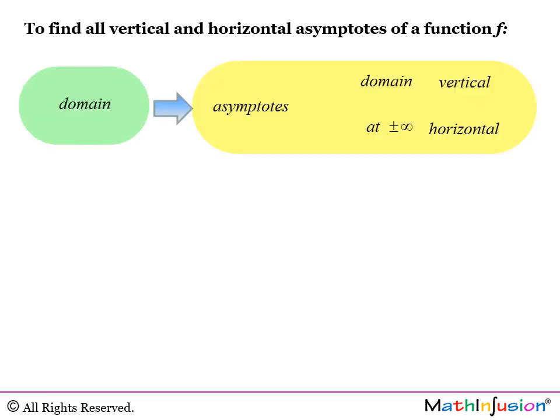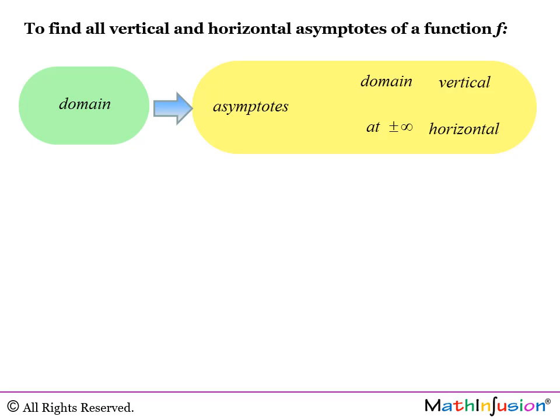To find all vertical and horizontal asymptotes of a function f, this is what we have to do. It's really finding the domain, and then from the domain we can find the vertical asymptotes. And if you take the limit of the function at plus and minus infinity, you will get all the horizontal asymptotes.